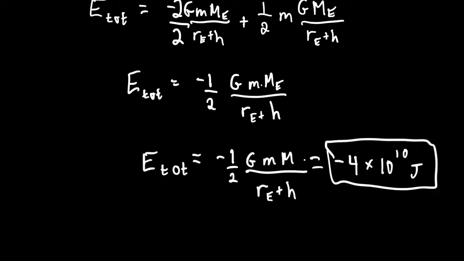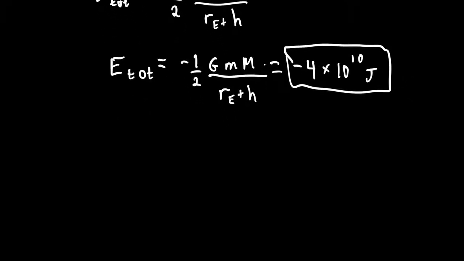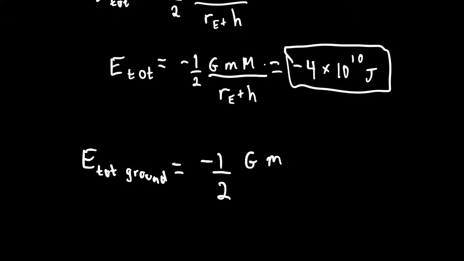So we can use that equation again to figure out what is the energy of this thing on the ground. So E total on the ground. Let's see what changes. I have a negative 1/2. That's not going to change. Big G is not going to change. Mass isn't going to change. Big mass isn't going to change. Divided by the radius, the distance you are from the center of the object you're rotating around. If I'm on the surface, what's my radius?